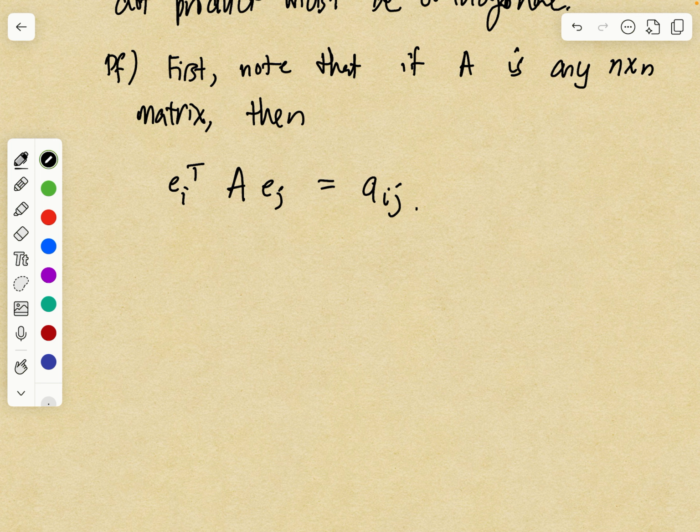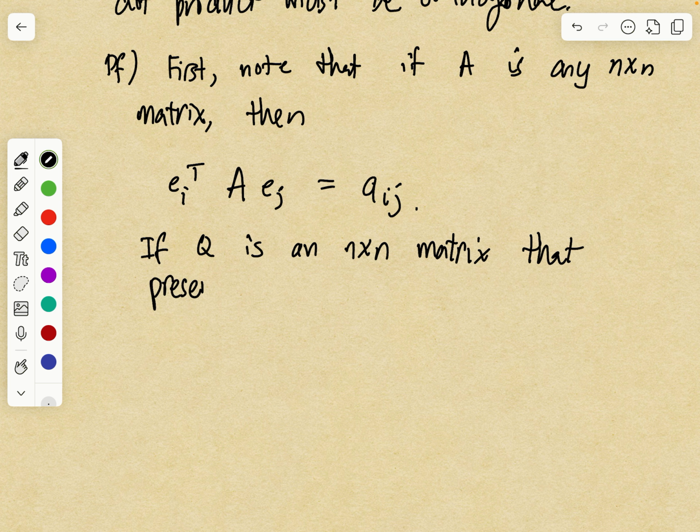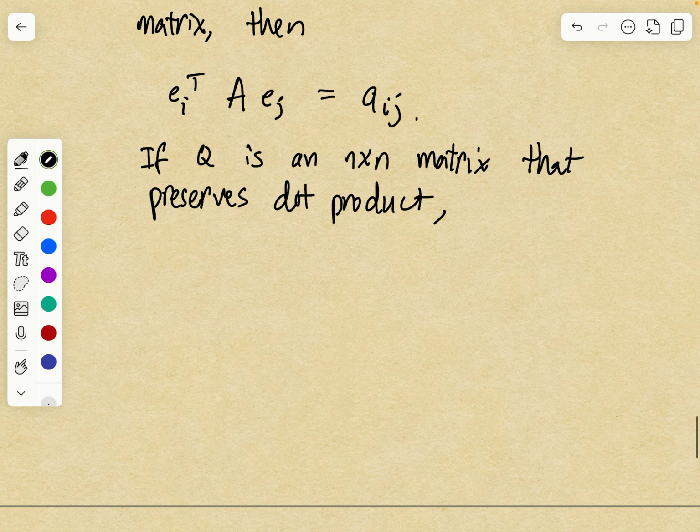So if Q is an n by n matrix that preserves the inner product, preserves the dot product, what we want to show is that Q must be orthogonal. We're trying to prove that whenever you have a square matrix that preserves the dot product, it must be orthogonal, that Q transpose Q is the identity.